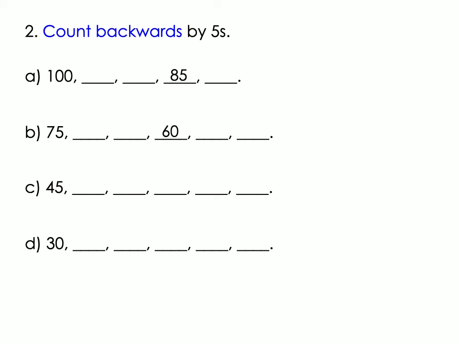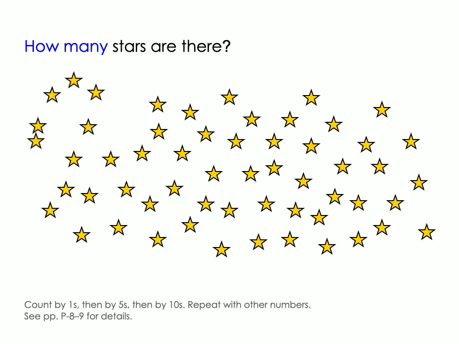Now, imagine, why are we learning this? It's because if we have a big group of things to count, it's going to be hard to count them all, and it would take forever to count them all one by one. And so what we can do as a strategy is to circle some, or if we have the actual stars or counters there, we can make little piles of fives.